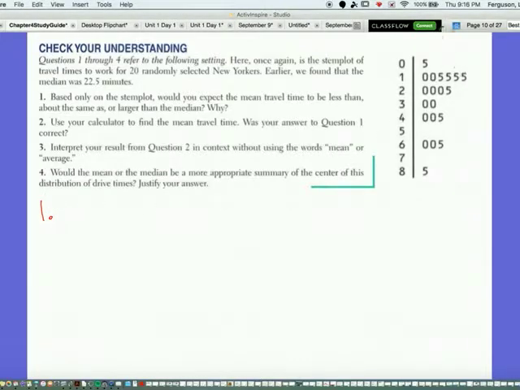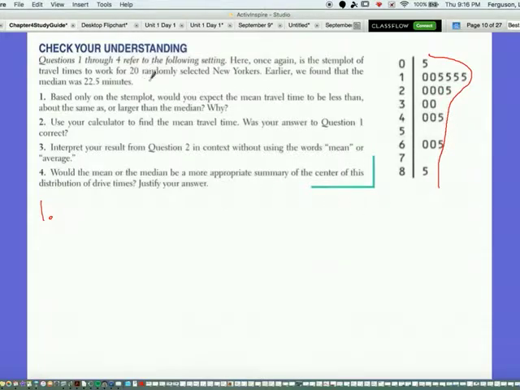So in number 1, the first thing that you have to look at is basically the shape of the distribution. And so you can kind of follow just by how this is written, you can kind of follow and see what the shape would be. So the shape would be something similar to this.